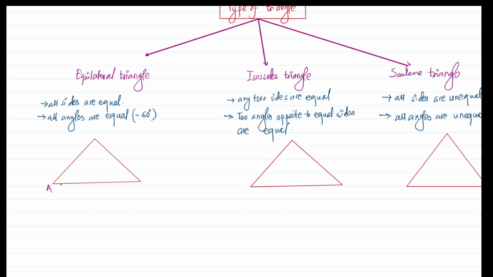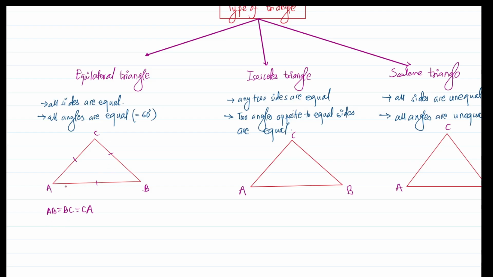Let this triangle be ABC, this triangle be ABC, and this triangle ABC. In this triangle, all sides are equal. That means AB is equal to BC is equal to CA.